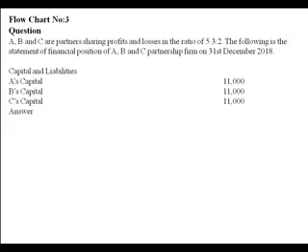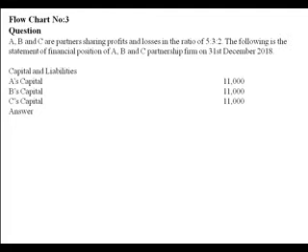This flowchart has capital and liabilities. Here we have capital. Capital will go to capital account. We want to know whether the partners need to give money to the business or they have to take money from the business.